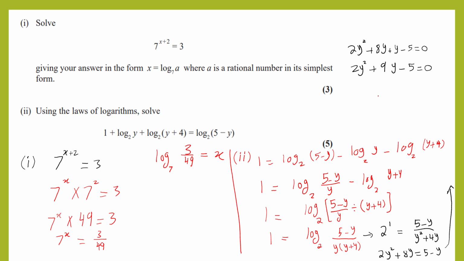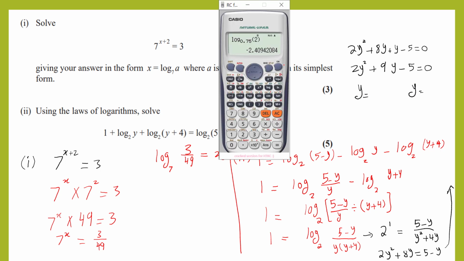Now we will use the calculator: mode, then 5, then 3. A is 2, B is negative 9, and C is, I think we need to change, B is 9, not negative 9, and C is negative 5.